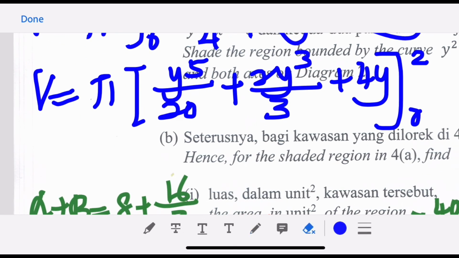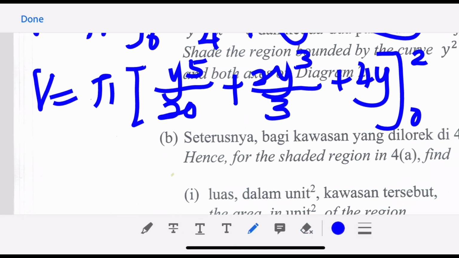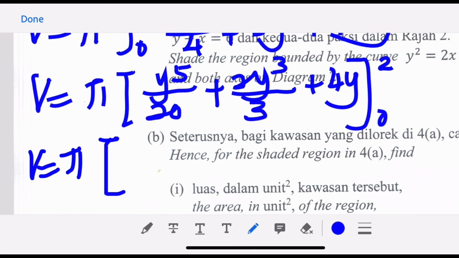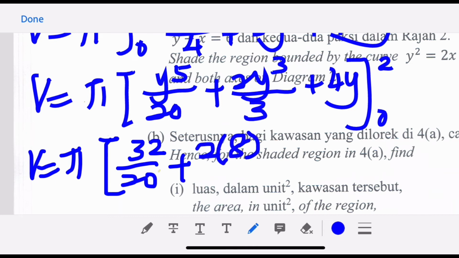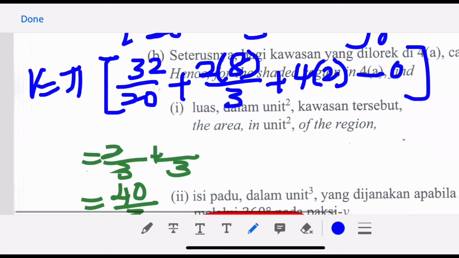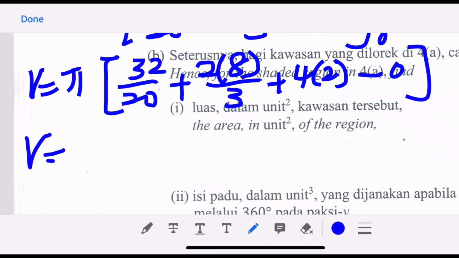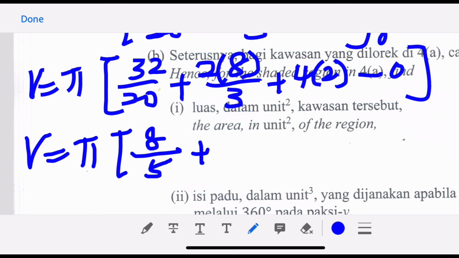So let's try to simplify. So the volume will be pi, and then we substitute the 2: 32 over 20 plus 2 times 8 over 3 plus 4 times 2, minus 0. Then we will get the simplest form: 8 over 5 plus 16 over 3 plus 8.